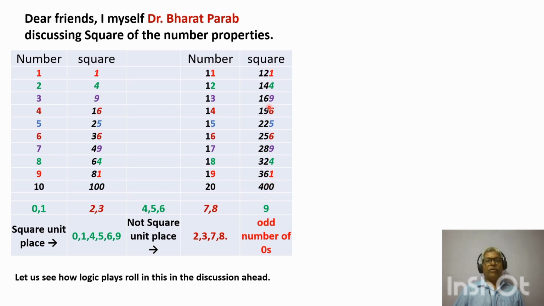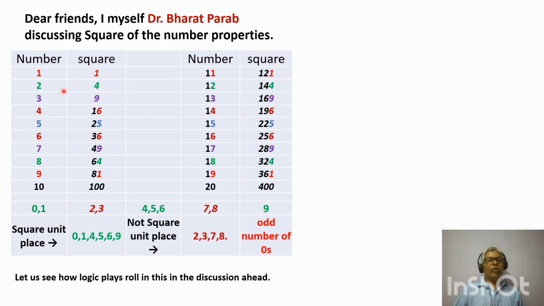This does not mean that all numbers ending in zeros are squares; 1000 is not a square number. But all square numbers end with either 0, 1, 4, 5, 6 or 9 only. Remember this. This is the first property of square numbers.